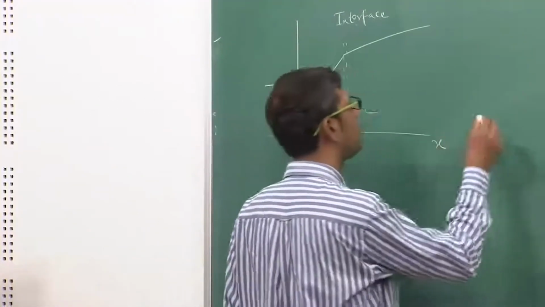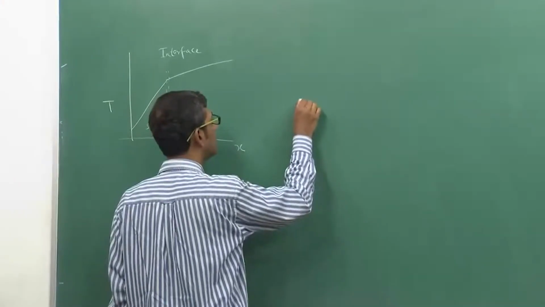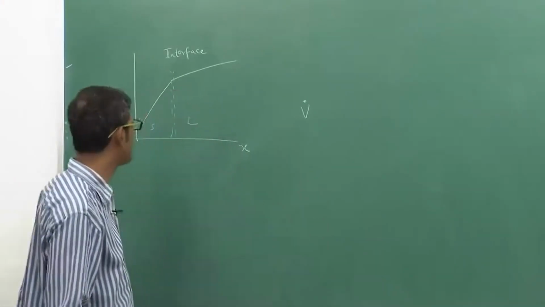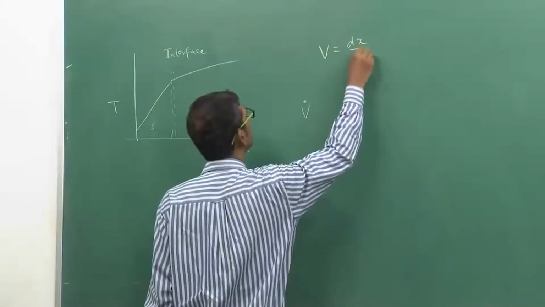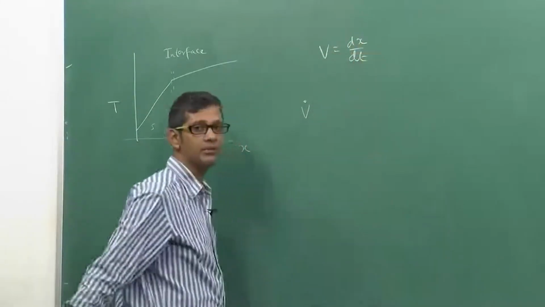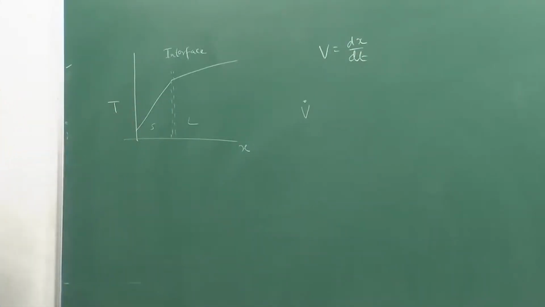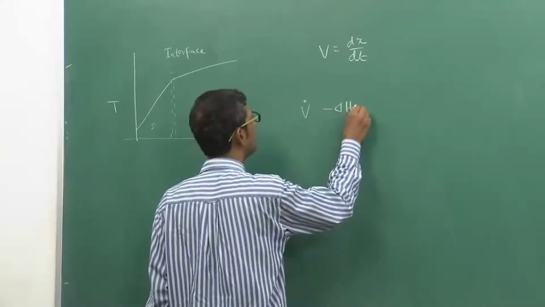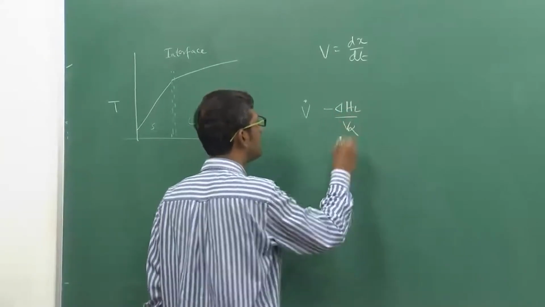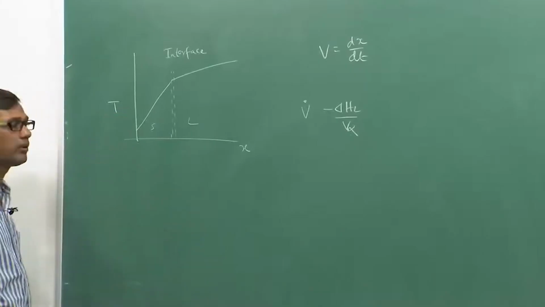So if I write the growth rate as V dot, meaning dx by dt, because that is the growth rate per unit time. If it moves dx distance, then it is dx by dt. Growth rate multiplied by the heat evolved per unit volume is the total heat generated because of the latent heat evolution.